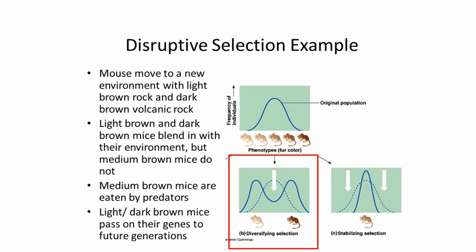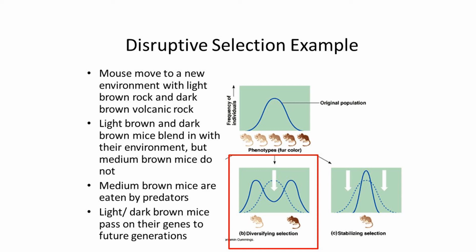So what is happening? The light or the dark brown mice will pass on their genes, because those are beneficial genes which are going to promote their living in nature from generation to generation. And the medium sized mice, that is, the mice who have a medium color, are not going to survive in the environment.